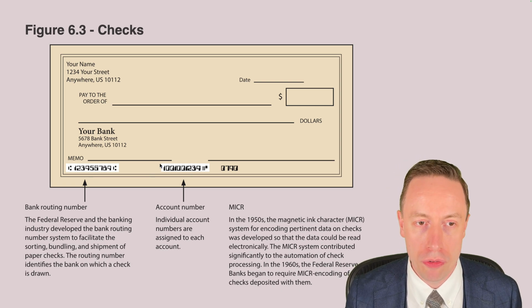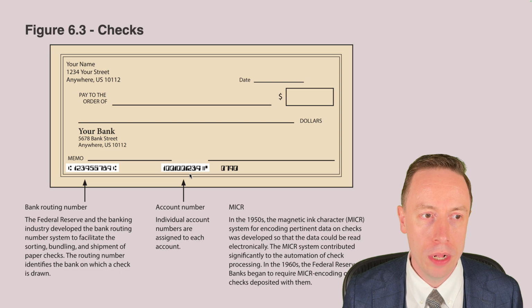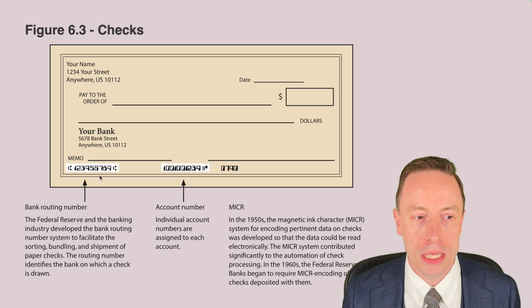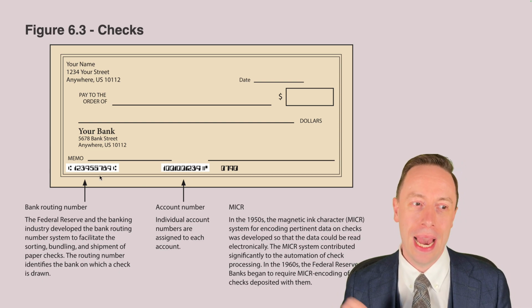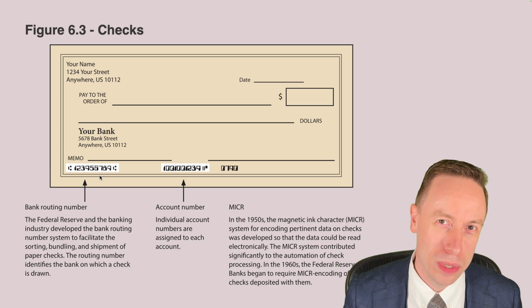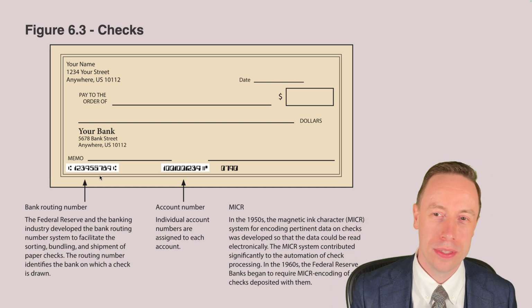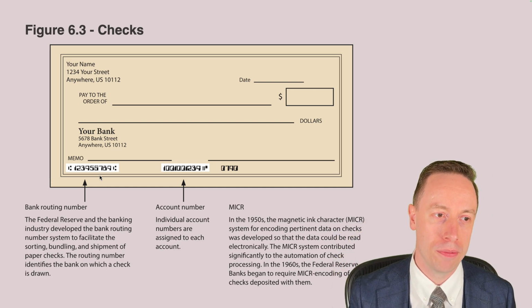So the account number is, of course, the number that you as an account holder have with the bank. So that's something the bank makes up, if you will. But the routing number is the address of your bank within the Federal Reserve System. So that's how the Federal Reserve clears the checks in between the different banks.